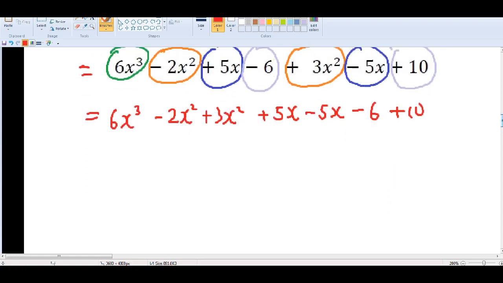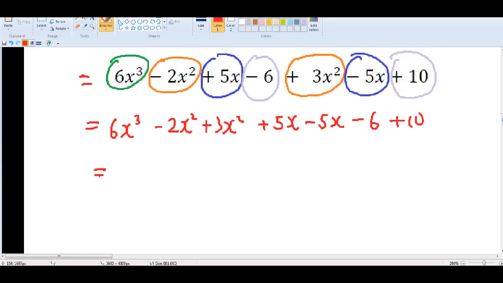Then you need to be very careful about the take away or the addition. For example, minus 2x squared plus 3x squared. It's not 2 plus 3, it's minus 2 plus 3. So it should be plus 1x squared, but we don't need to write that 1, so it's just x squared.